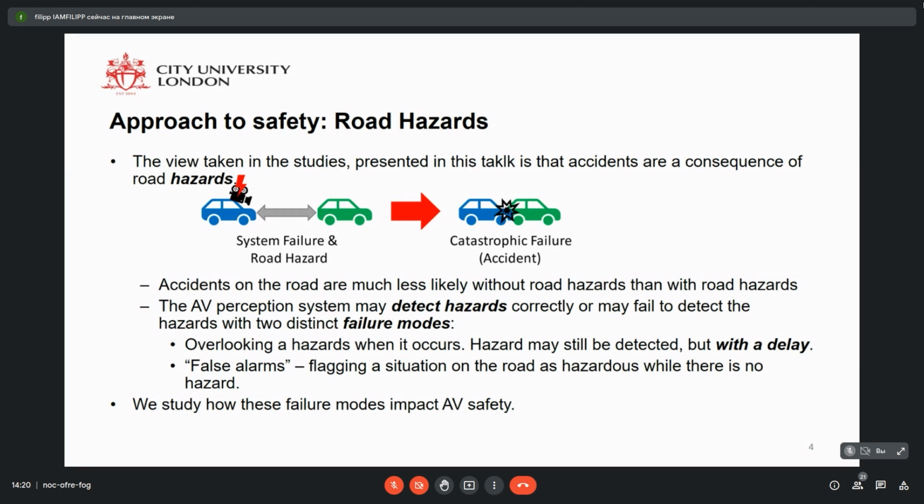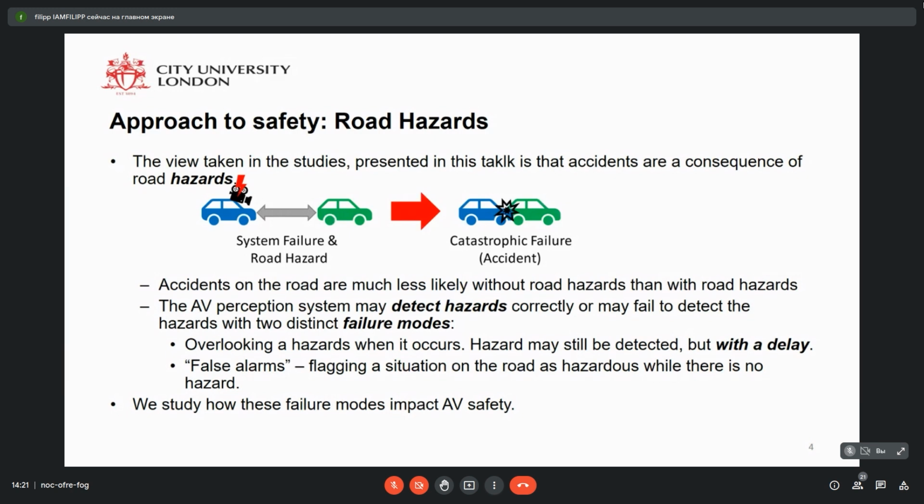This is what we take into account. And the second element of this work is that we look at what makes the AV different from other safety critical systems. And here the elephant in the room is obviously the perception system, the perception system based on machine learning. If your perception overlooks an obstacle on the road or classifies it incorrectly, not surprisingly, the consequences of this failure are going to be, or may be, very dramatic.